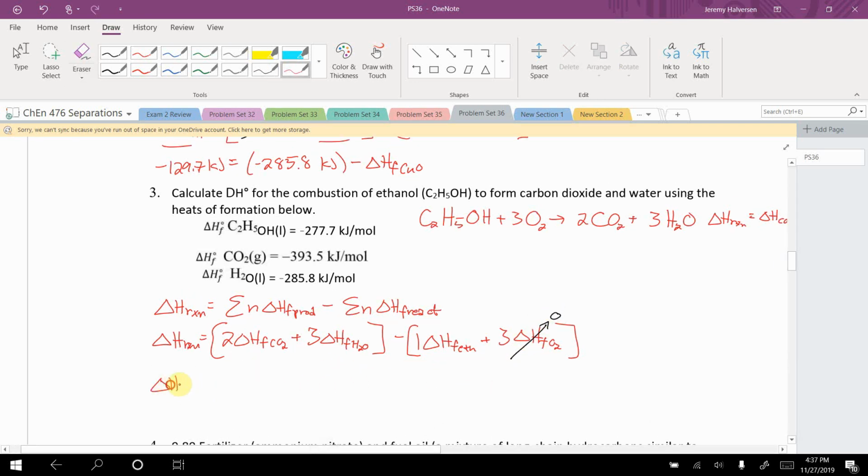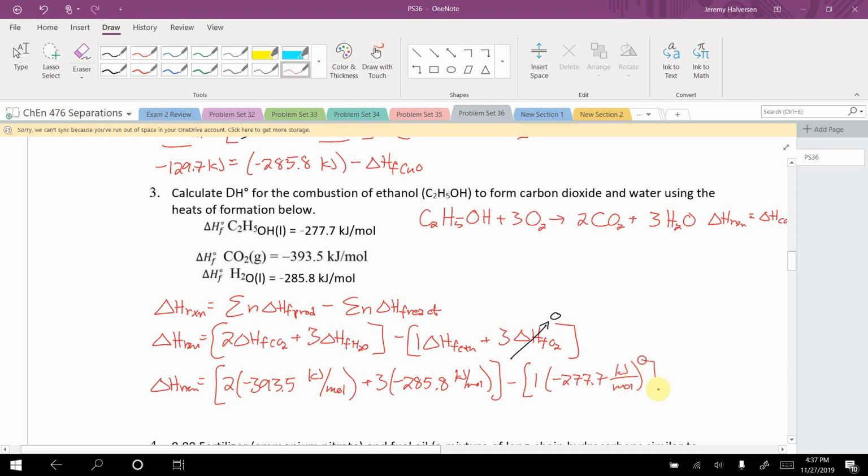So the delta H of this reaction is just going to be 2 times delta H formation of CO2 plus 3 times delta H formation of water minus 1 times delta H formation of ethanol. You can see that this is kilojoules per mole times 2 moles, so the moles will cancel and all these will just be kilojoules added together.